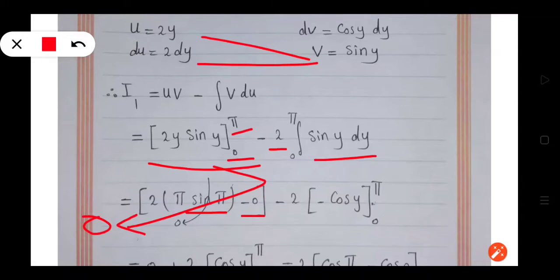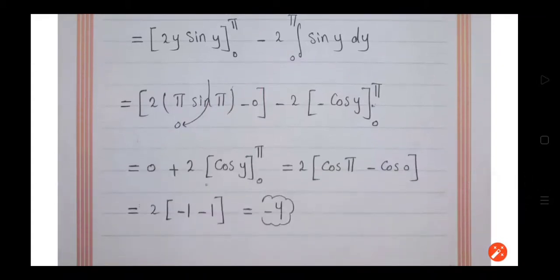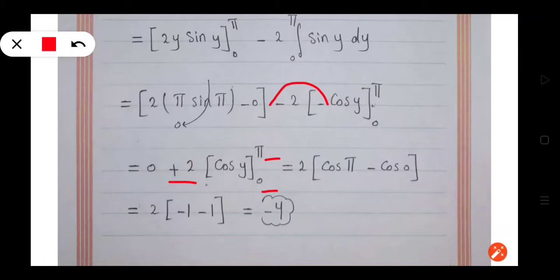Negative 2, and the integration of sine y is negative cosine y. Now, negative times negative equals positive: cosine y from pi to 0, which equals cosine pi minus cosine 0.